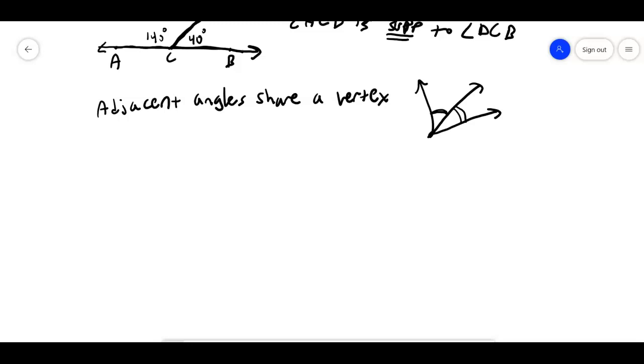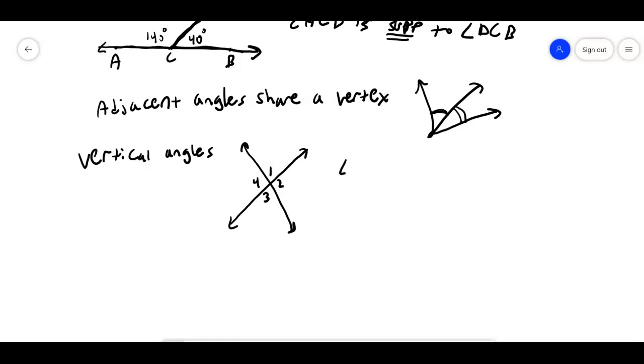And then we have vertical angles. And this one, I'll just show you a picture. It's kind of hard to describe in words. So they sort of point at each other. Okay, so let's call this 1, 2, 3, 4. It's a little easier.